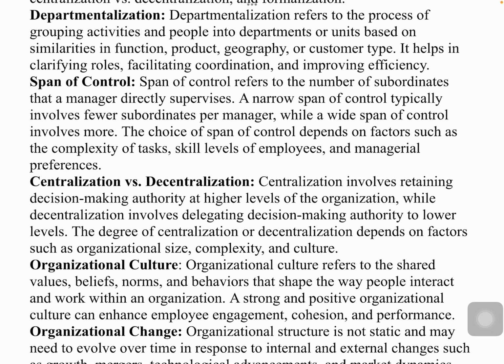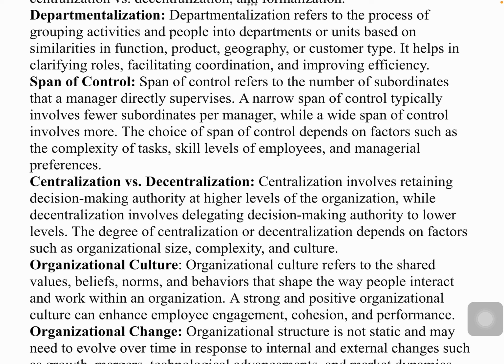So span of control refers to the number of subordinates that a manager directly supervises. A narrow span of control typically involves fewer subordinates per manager, while a wide span of control involves more, so the choice of span of control depends on factors such as the complexity of tasks, skill levels of employees, and managerial preferences. So span of control is the number of subordinates a manager directly supervises.